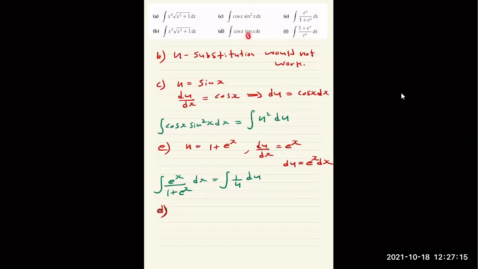This cosine x and this cosine x will be cancelled. Actually, you have the integration of sin x dx, and you know how to integrate that. But the u substitution will not work here.